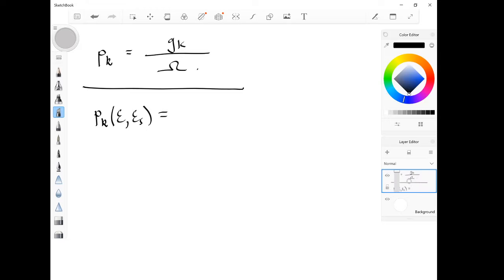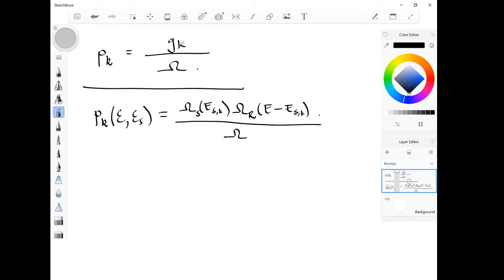And what we then have as our degeneracy is how many ways we can split the energy over our system. So this is our microstates of our system for a given energy of our system, E_k, and the total number of microstates of our bath or reservoir, whatever you want to call it, which is the total energy of the system plus reservoir minus the energy of the system itself in the kth state, over the total number of microstates, which is just the whole system.